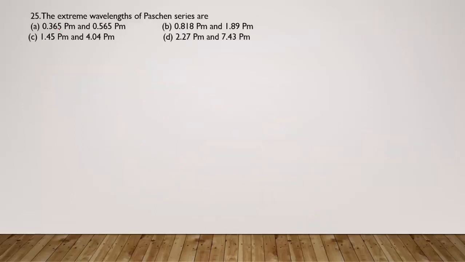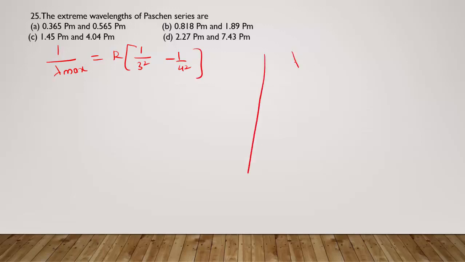The next question is: the extreme wavelengths of Paschen series are. When calculating the extreme wavelengths, we know the maximum and minimum wavelength formula. 1 by lambda maximum for Paschen series is R into 1 divided by 3 square minus 1 divided by 4 square, and for the minimum, 1 divided by lambda minimum is R into 1 by 3 square minus 1 by infinity.